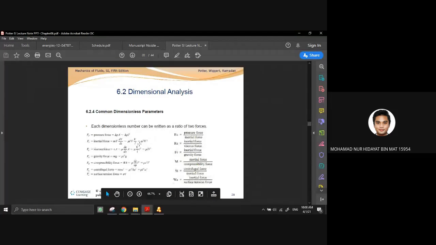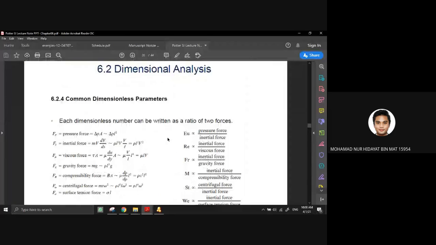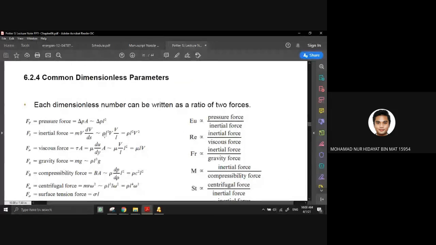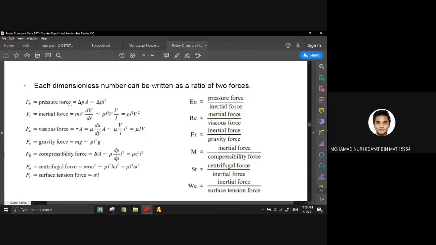These numbers we can relate with the force ratio, the ratio of two forces. Namely, we have the pressure force, which is pressure times area. Area is length multiplied by length, which is L squared. The inertial force, we know F equals ma, finally leads to this term. The viscous force, tau A, finally leads to this term.